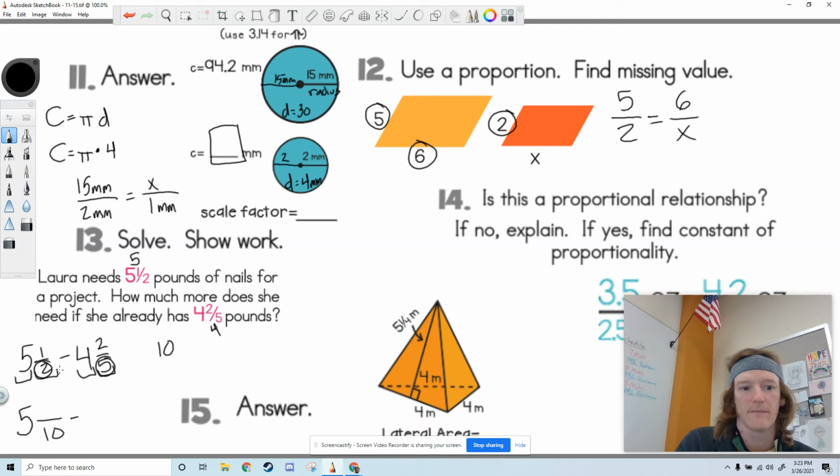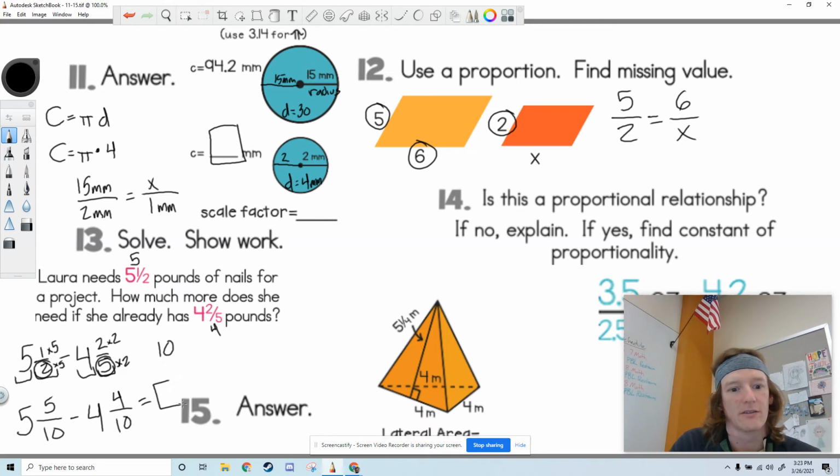To make a 10 with 2, we've got to multiply by 5 to the numerator and denominator. 1 times 5 is 5. So we have 5 5/10 minus 4, and we need to multiply by 2 on this one. 4 4/10. So this one is going to work out. We're not going to have to do any regrouping of wholes. We can do 5 minus 4. We can do 5/10 minus 4/10. So give me your final answer. It's a number with so many tenths left over.